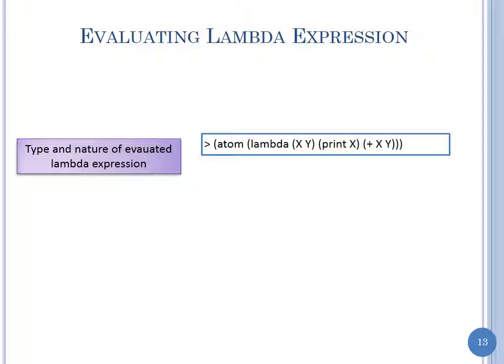It's not a string, it's not a literal, it's not an identifier. It's a list with lambda, another sublist xy, and then a body. So certainly what we input is a composite.